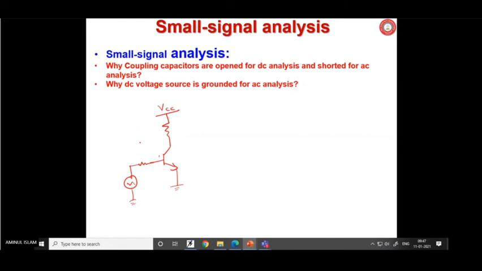Suppose this is an amplifier. And for biasing the base and collector, you have connected R1 and R2, a voltage divider.